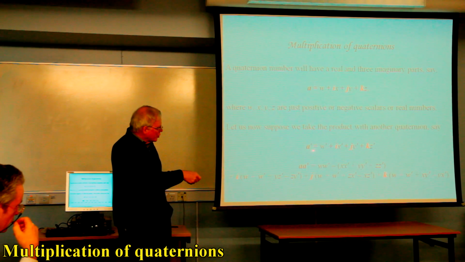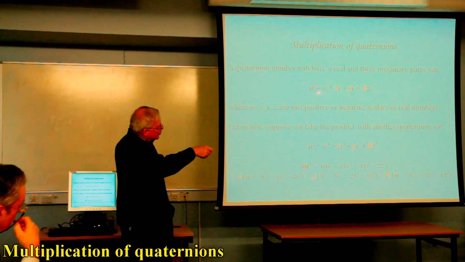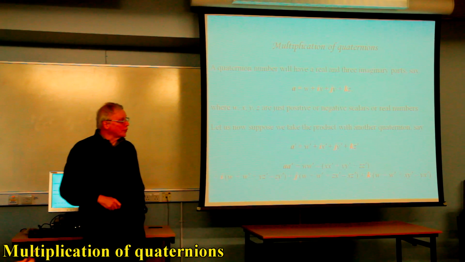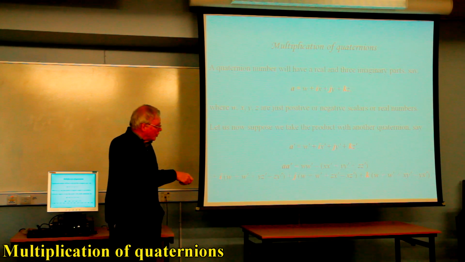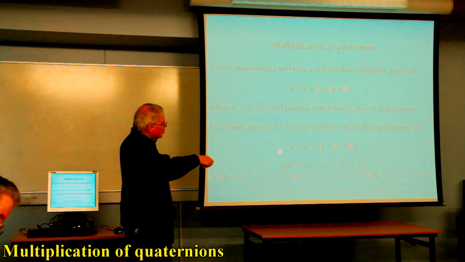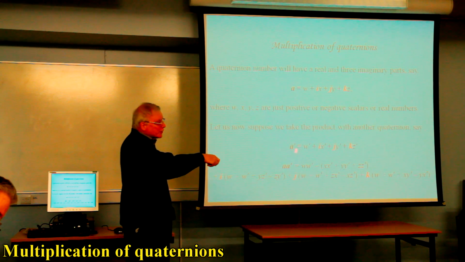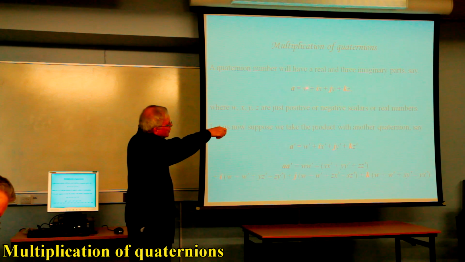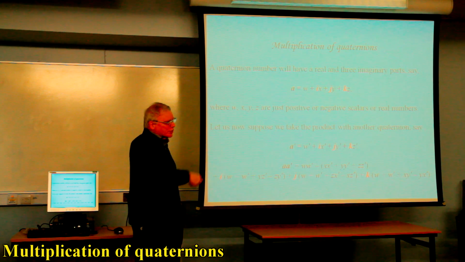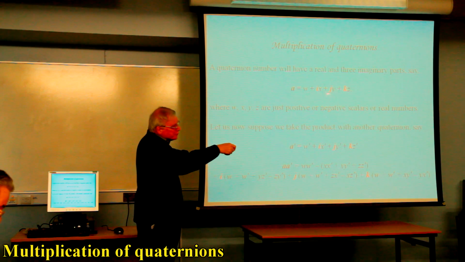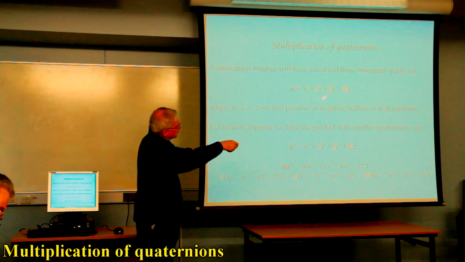So it's an object of the same kind as the 2 objects which created it. Now Hamilton called this part, the w, the scalar part of the quaternion. This is the real part. He called that the scalar part of the quaternion. These are his terms. And he called this the vector part of the quaternion. So they have a scalar and a vector part.